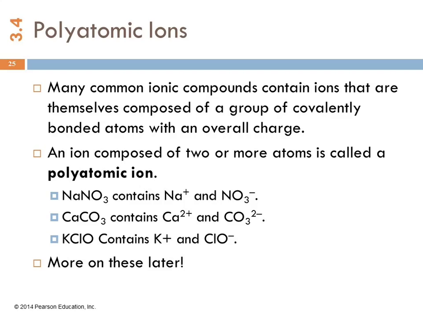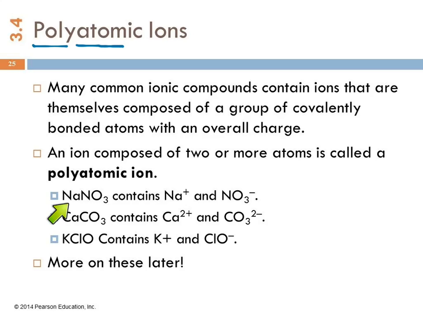Then there are polyatomic ions. Lots of prefixes. Poly means many, atoms. So these are ions that contain many atoms. Examples, I made you memorize a bunch of these already. So when we look at this one, NaNO3, we look at the first element, it's sodium.